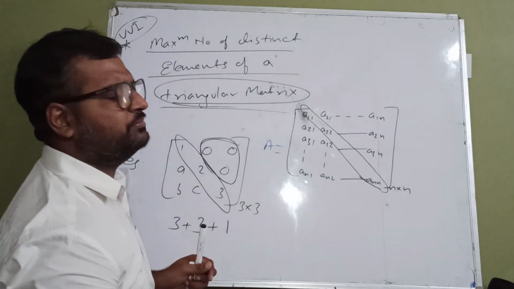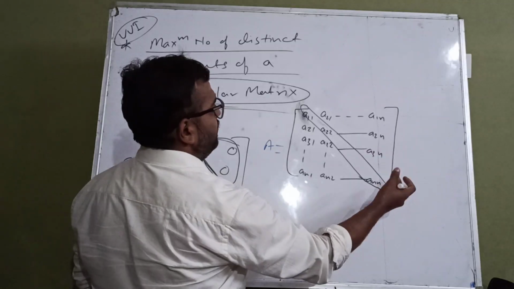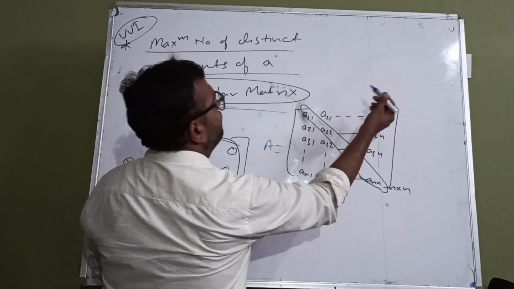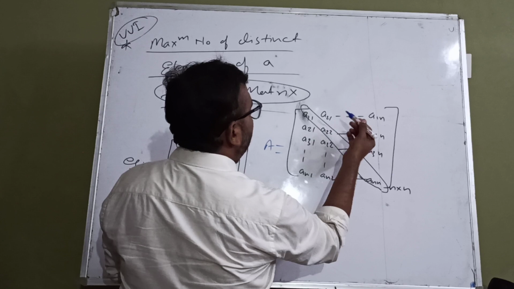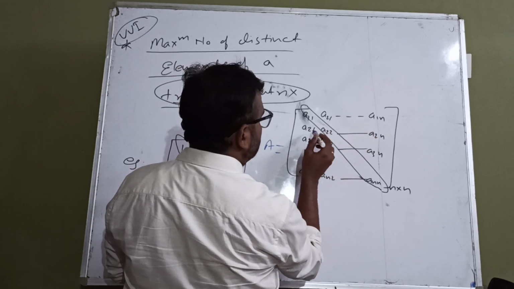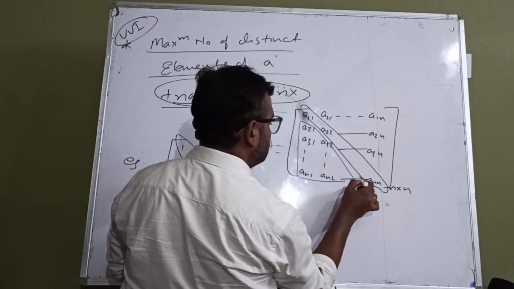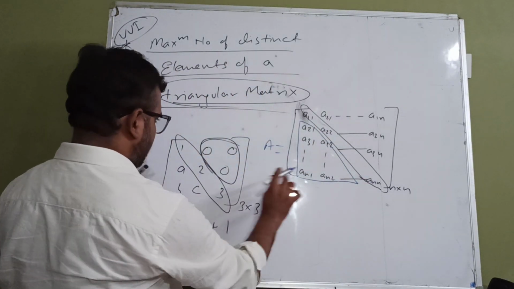Triangular matrix means it can be lower or upper. Let us consider an upper triangular matrix. Then all the elements below the diagonal will be 0. Getting the point now?